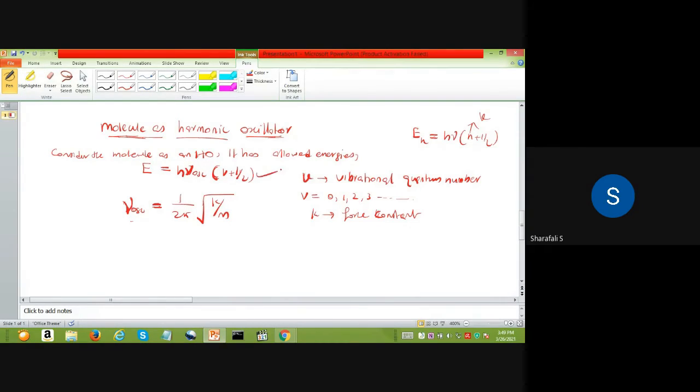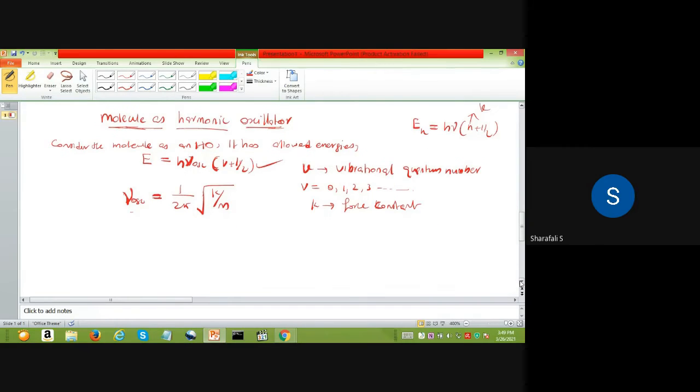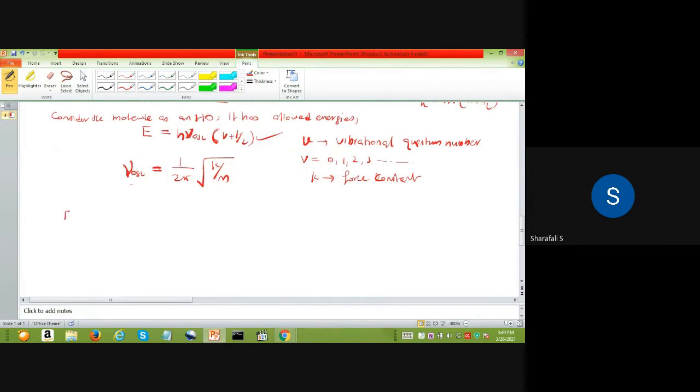So this is your energy. In terms of wave number, how can we write it? Energy in terms of wave number is denoted as G of nu, and this will be E by hc.